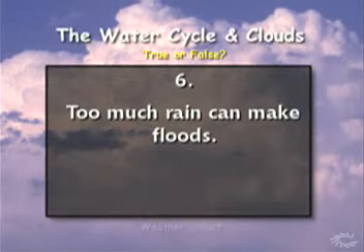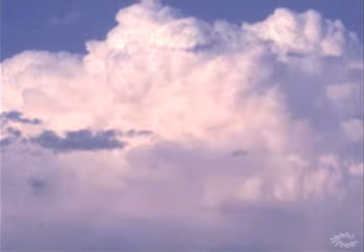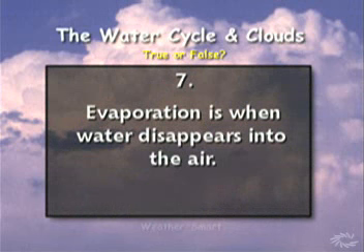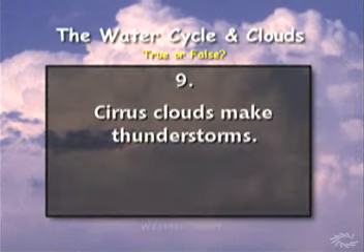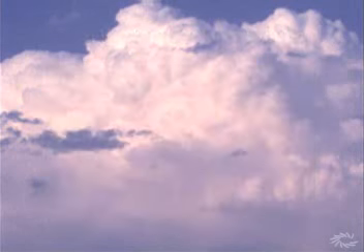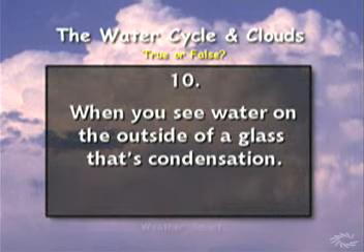Number 6. Too much rain can make floods. Number 7. Evaporation is when water disappears into the air. Number 8. Rain and snow are precipitation. Number 9. Cirrus clouds make thunderstorms. And number 10. When you see water on the outside of a glass, that's condensation.